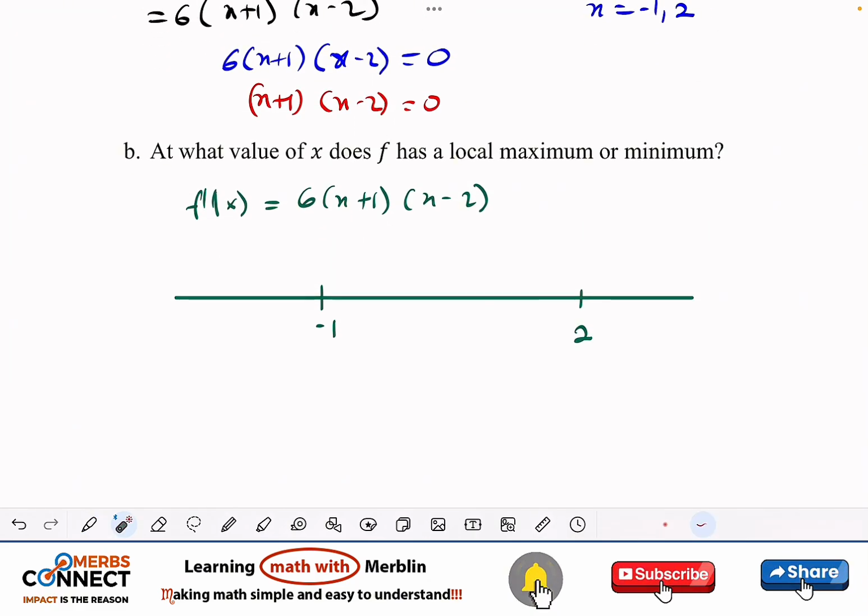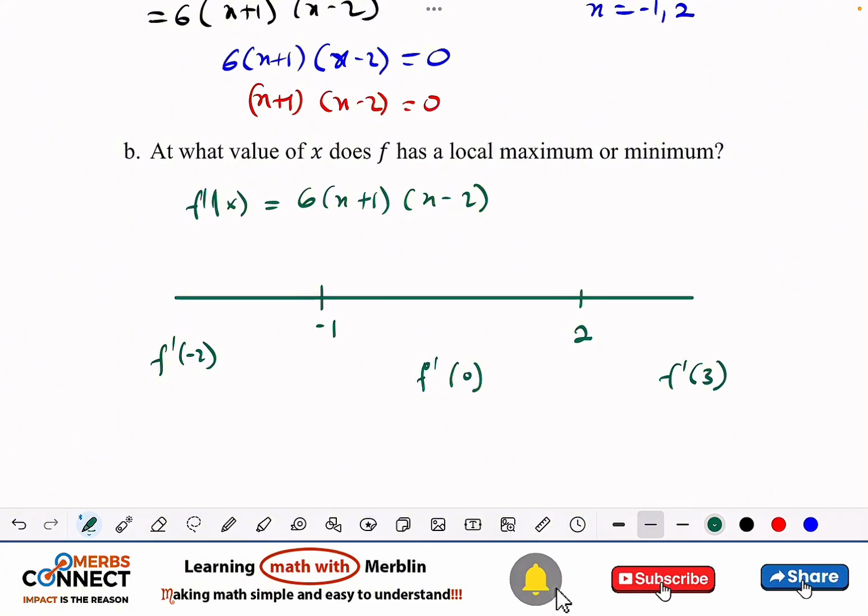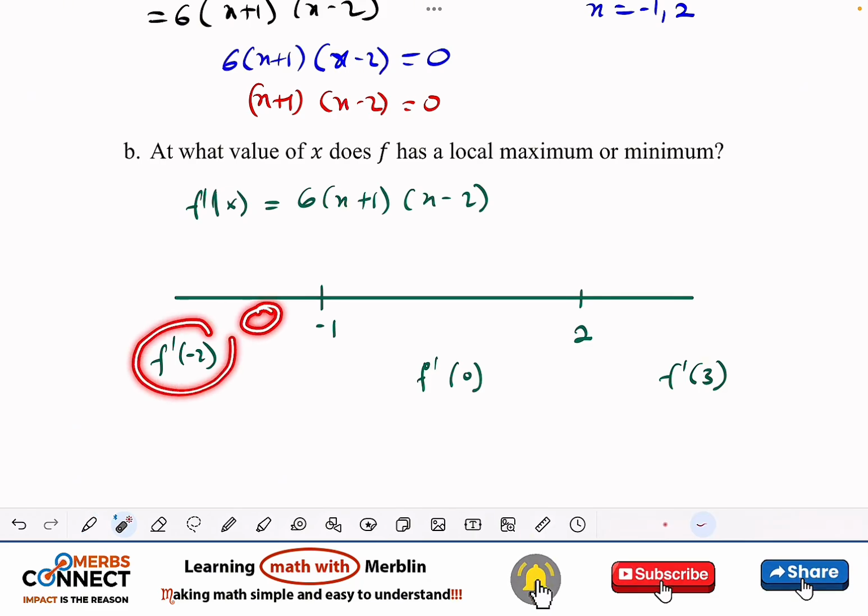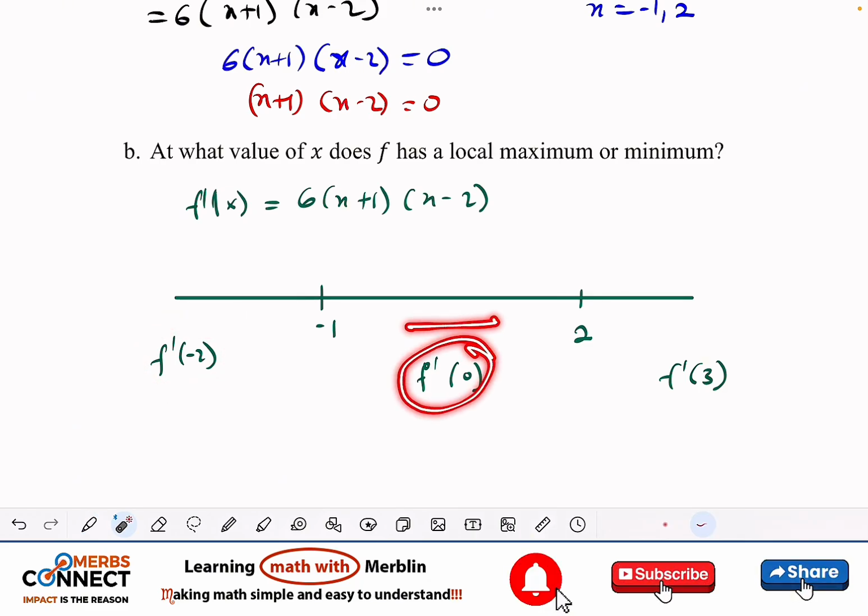What am I going to do here? I'll pick any value in between these and above and below them. The number that I can pick here is -2. So I pick -2 and plug it inside the f prime. I pick any value in between, which is 0, and I can put 3 also inside. So pick any value here, plug it inside f prime, any value here, any value here.